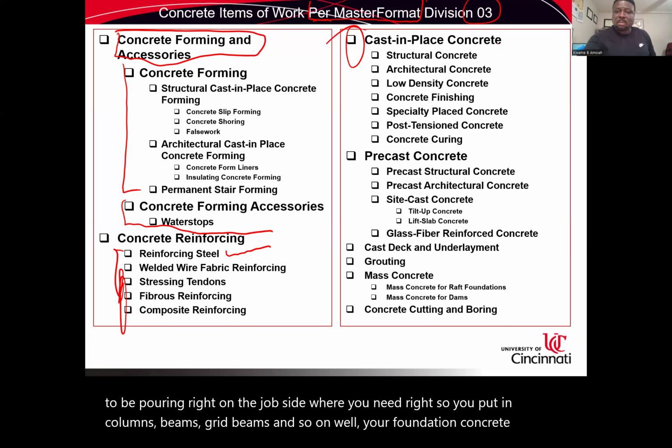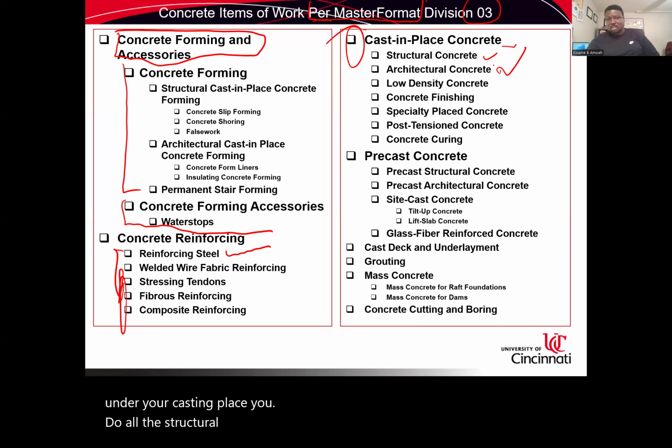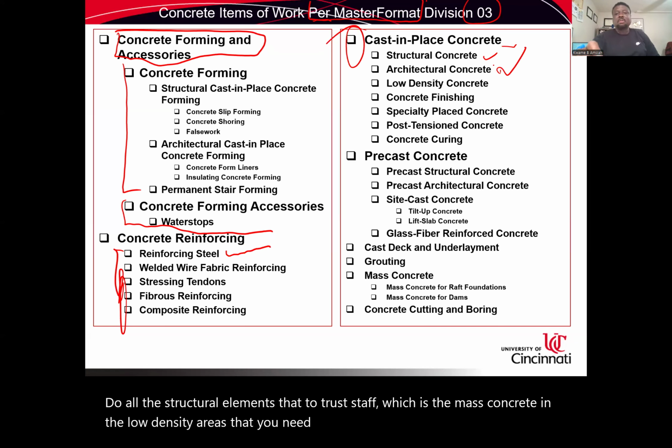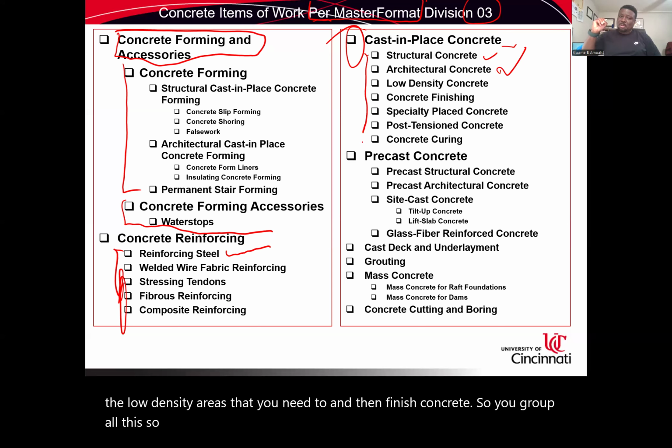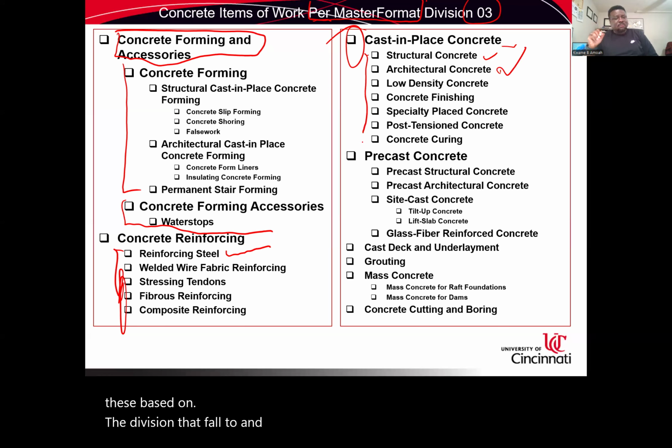So under your cast in place, you would do all the structural elements, the architectural stuff, which is the mass concrete in the low density areas that you need to, and then finish concrete. So you group all this so you can assign proper skilled labor and unskilled labor to be able to execute this job. And again, it will also help you to determine the labor rate for each of these based on the division they fall under and the severity of the work that is going to be done in each of these sections.